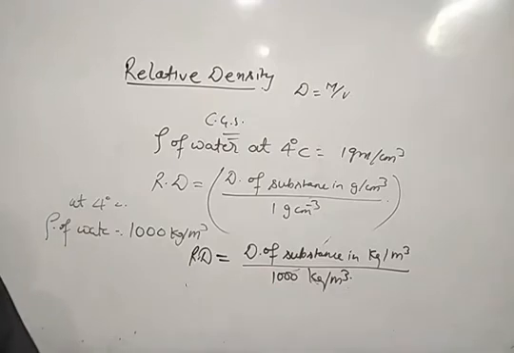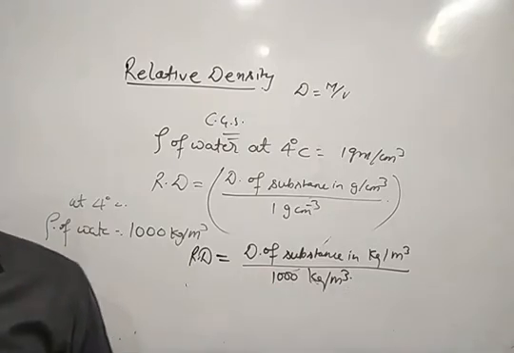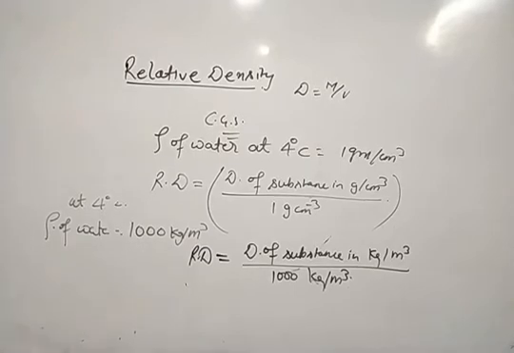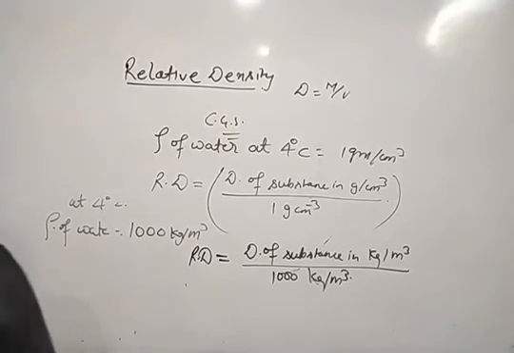Density of a substance is the mass per unit volume, but relative density is the ratio of the density of that substance to the density of water at 4 degrees centigrade. Density is expressed in gram per centimeter cube or kilogram per meter cube, but relative density has no units.